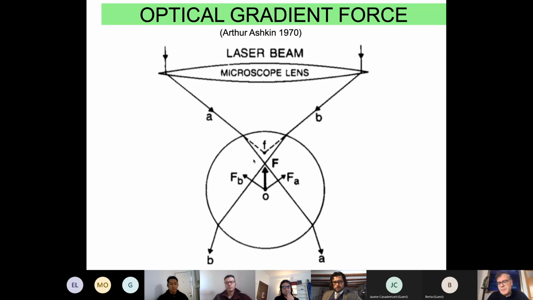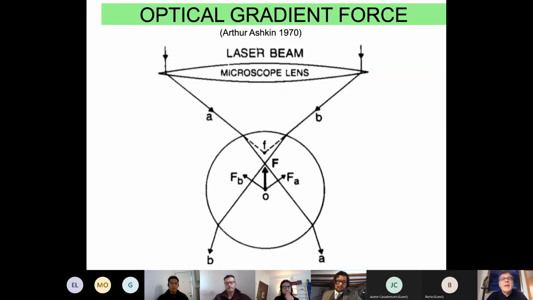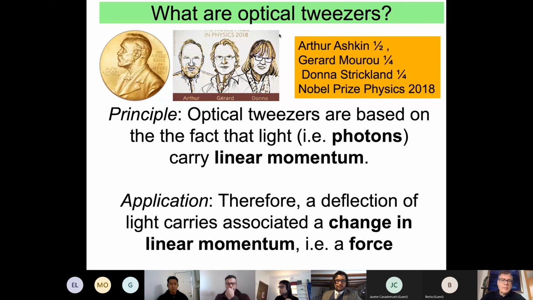Now, this optical trapping principle was discovered by Arthur Ashkin in the 70s, while he was at Bell Labs. He was awarded for this discovery the Nobel Prize 2 years ago.